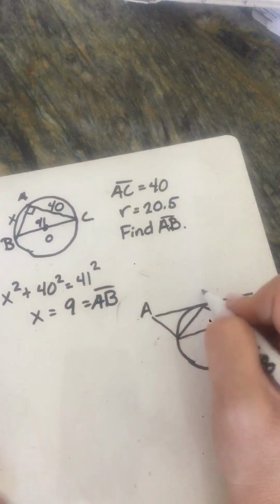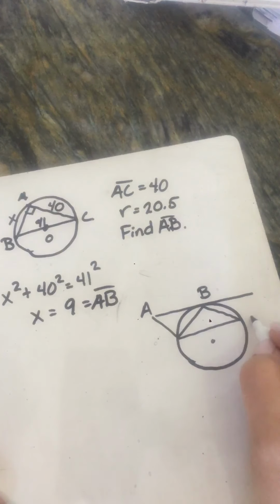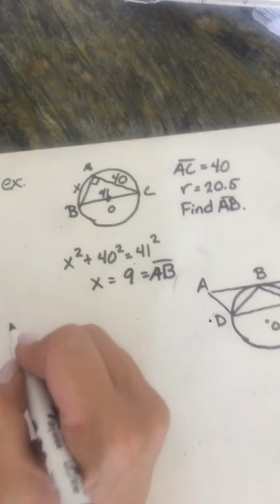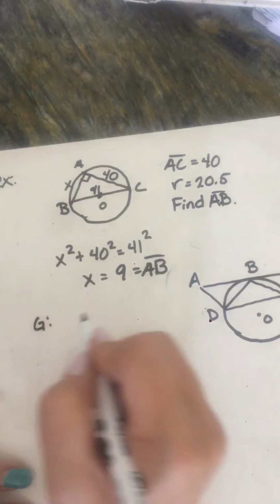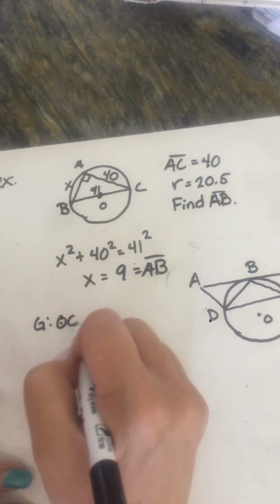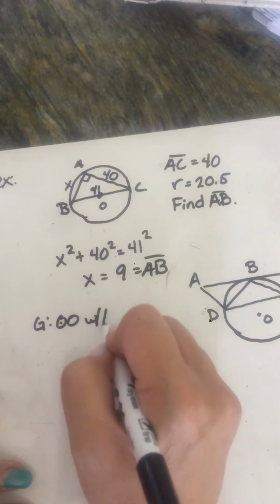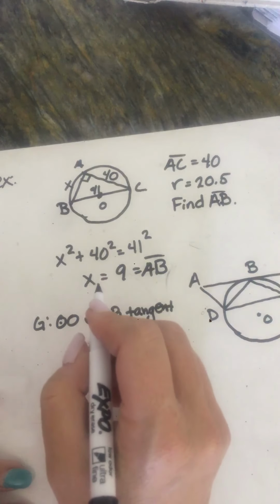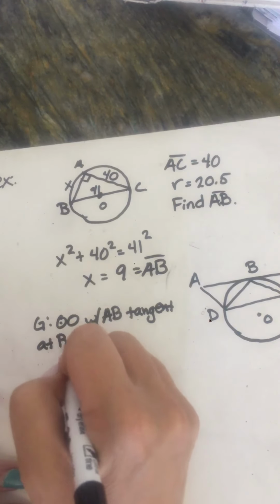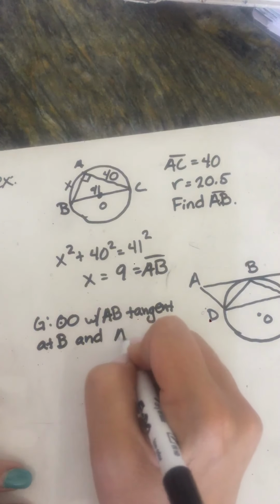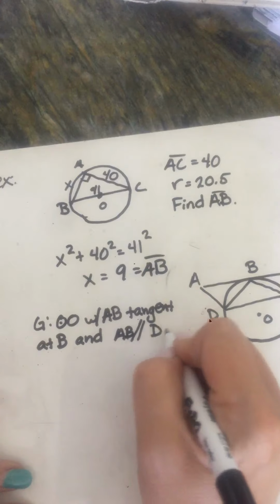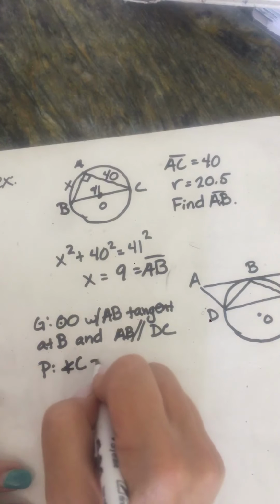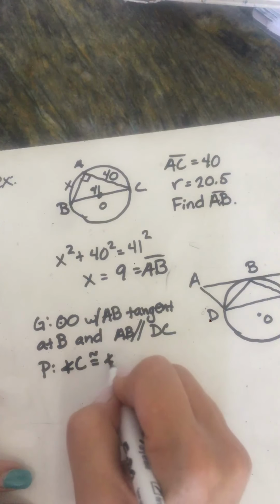All right, and we'll label A, B, C, D, and this is circle O. We are given circle O, with AB tangent at B, and AB is parallel to DC. Prove angle C is congruent to angle BDC.